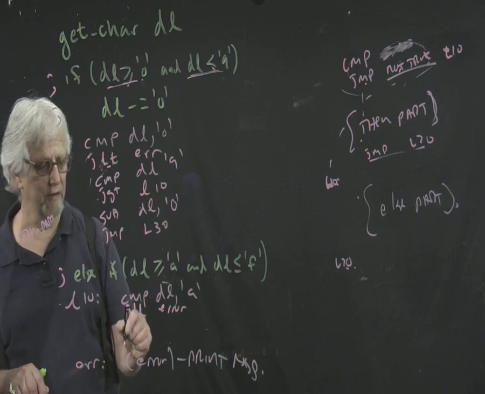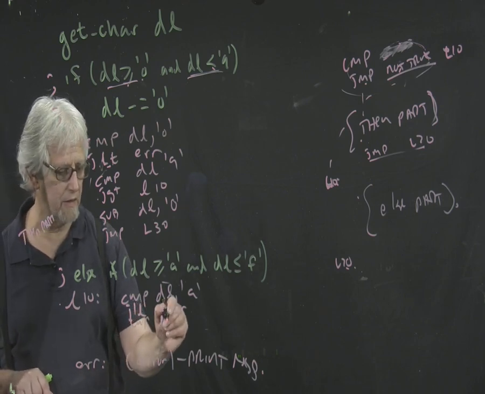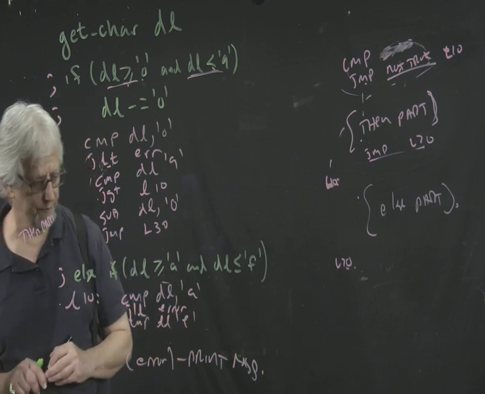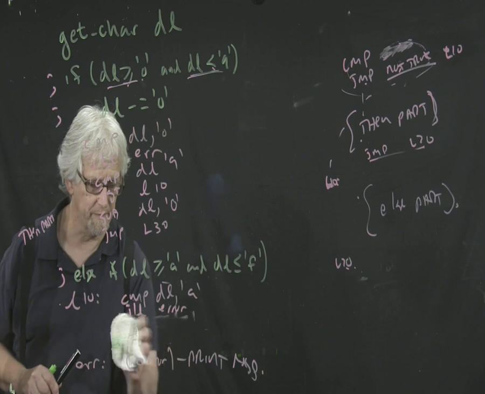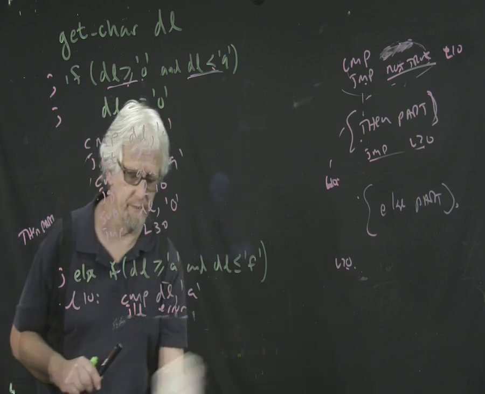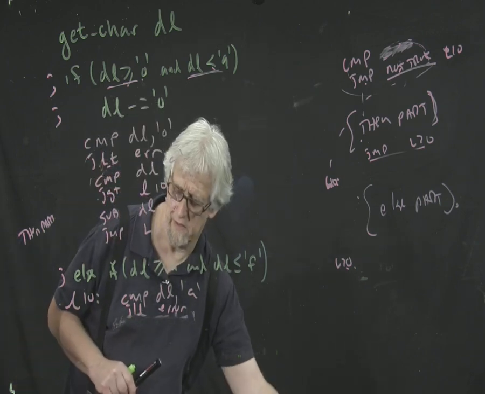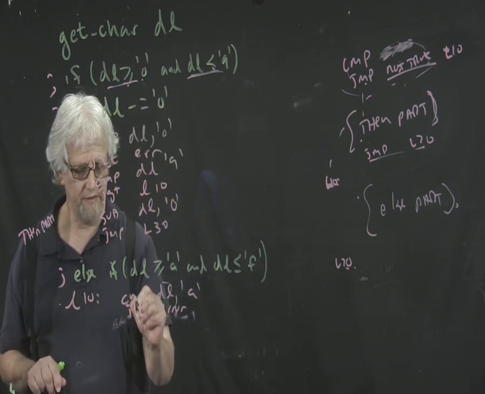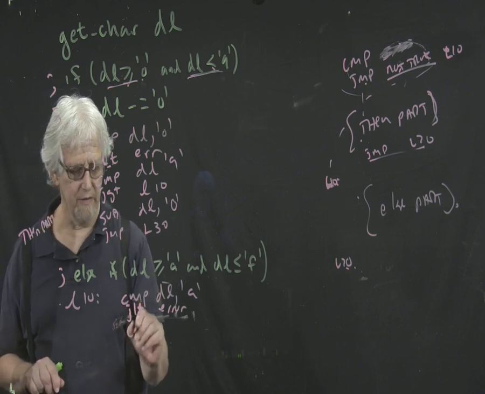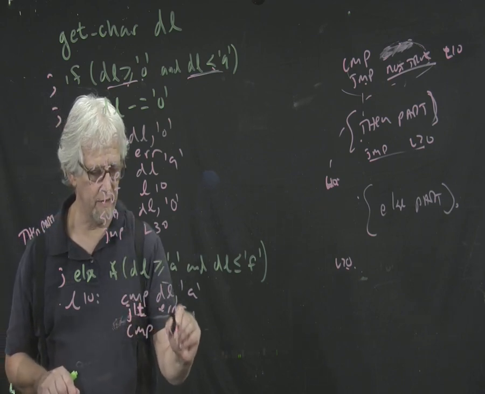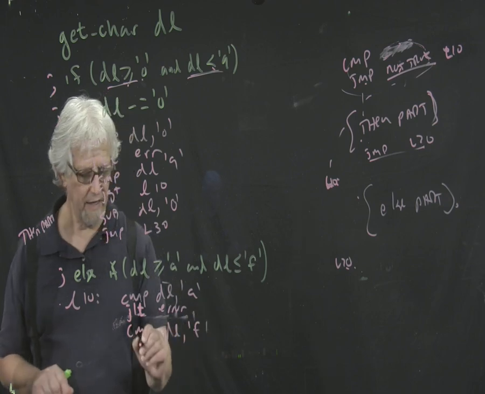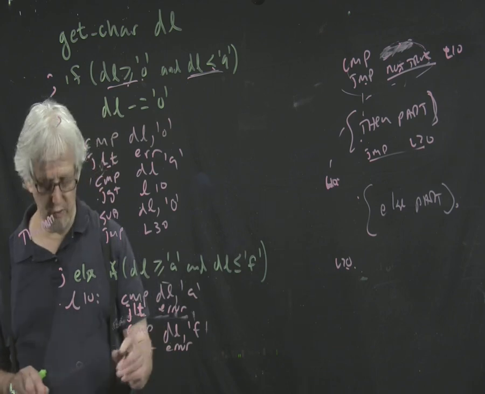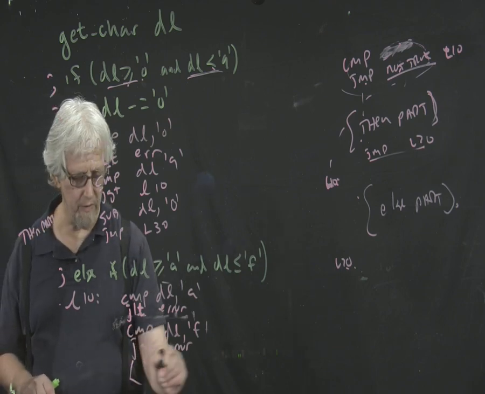And similarly, okay? So that's JLT, J less than, you jump if less than, comp, DL, comma, ASCII F, J greater than, and then over at the bottom here, we're going to convert it.